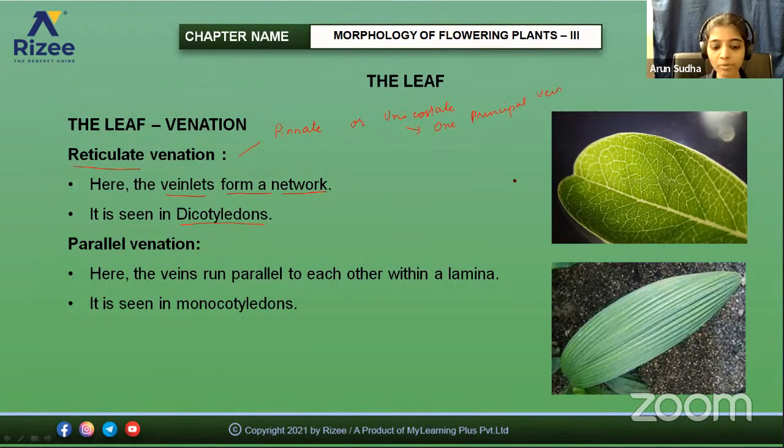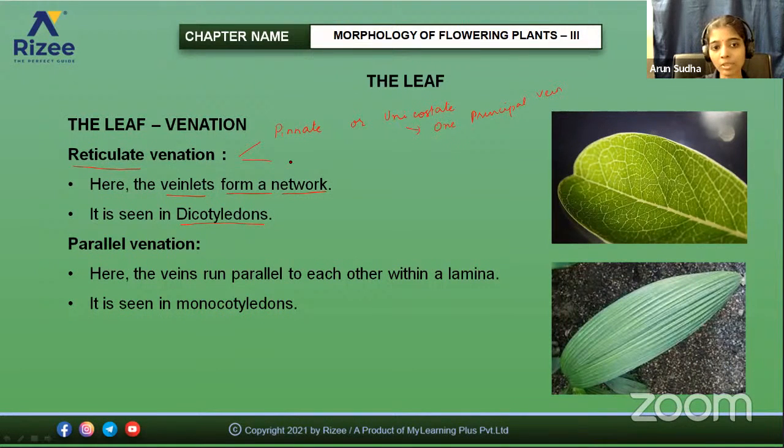This is the one main vein, and it proceeds from the petiole towards the apex of the leaf. So in the pinnate or unicostate type, one main vein gives rise to many lateral veinlets.